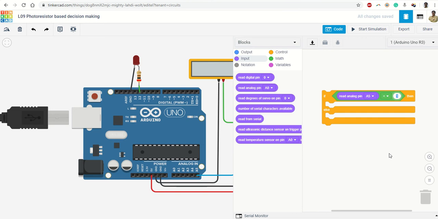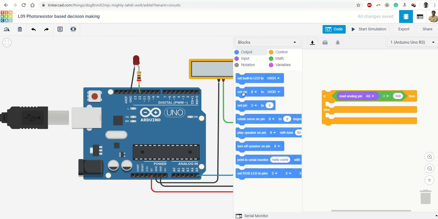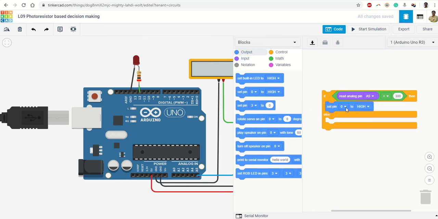So 1.5 volt means 300. Then output, go to the output, set pin number 12 high, else set pin number 12 as low. That is as easy as it can be.